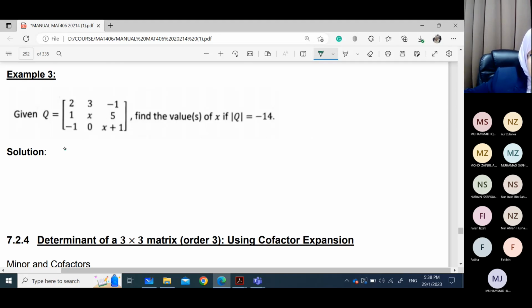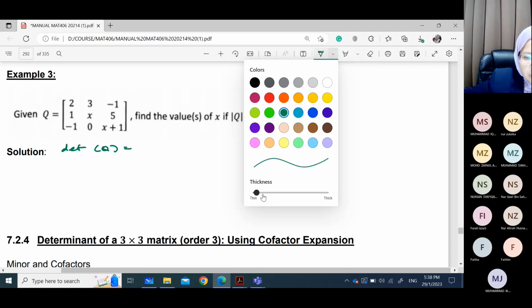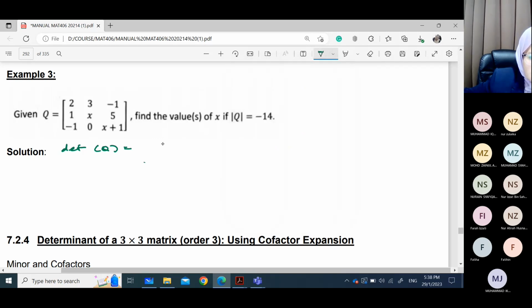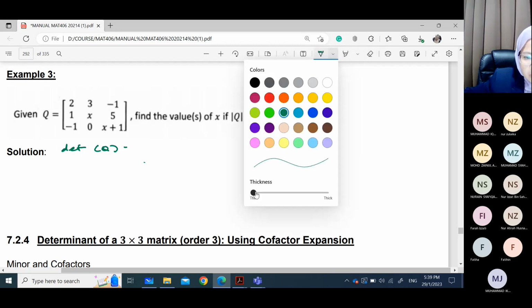Okay, so determinant Q. Sekejap okay, try buat dulu.